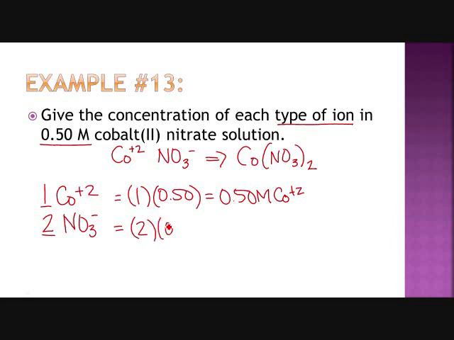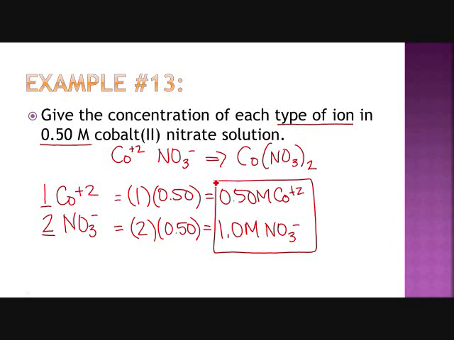So 0.5 times 2, rounded to correct significant figures, would be what? 1.0. 1.0 molar for the nitrate. So that tells us the concentration is twice as big for the nitrate, and that's because there's twice as many ions. For every 1 cobalt, you have 2 nitrates involved.